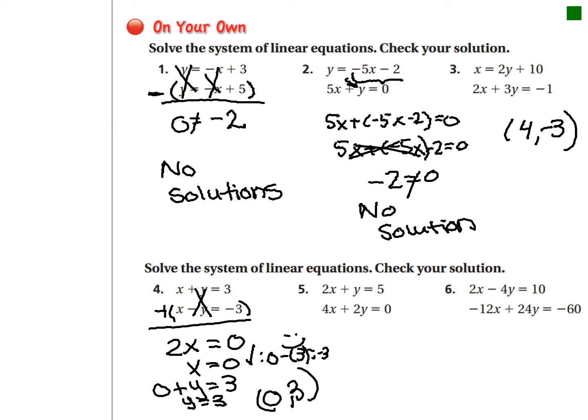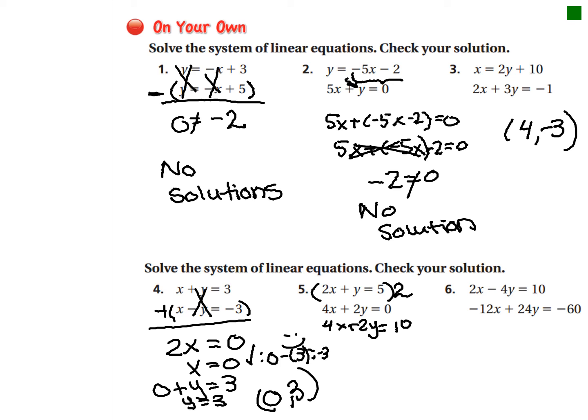All right, not set up nicely for elimination yet. Substitution, I have no variable equals, and this is not easy to graph. So elimination, if we multiply this first equation by 2, we will get 2 times 2x is 4x, y times 2 is 2y, equals 5 times 2 is 10.